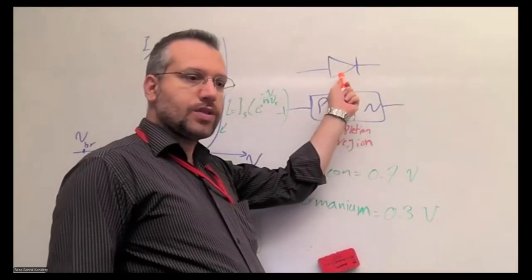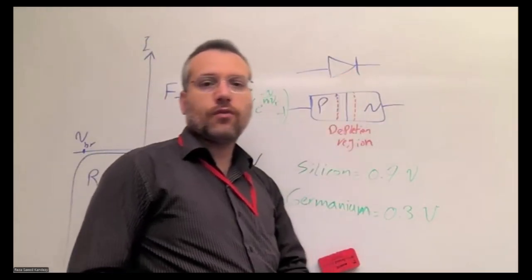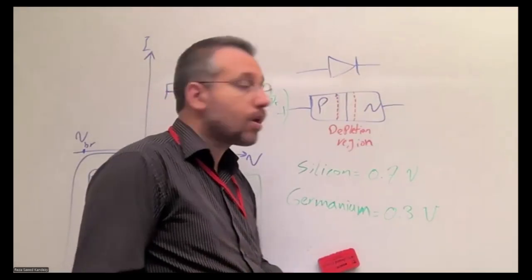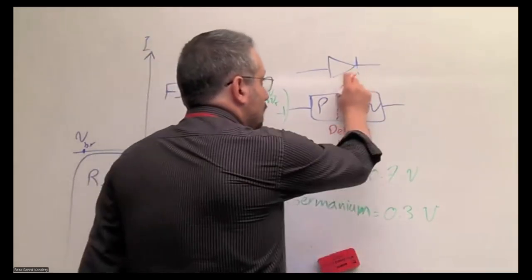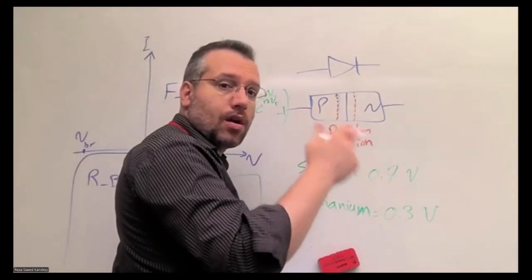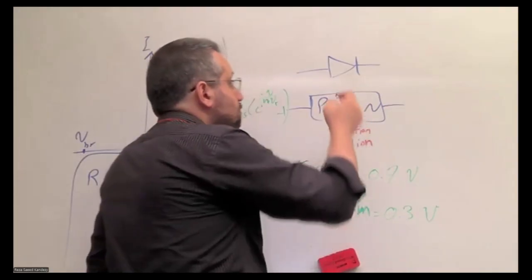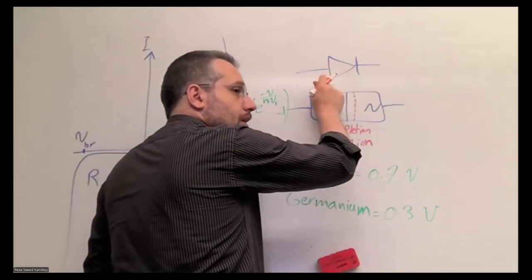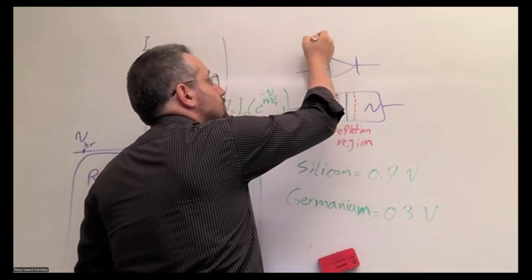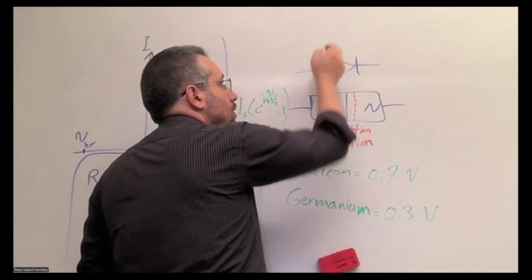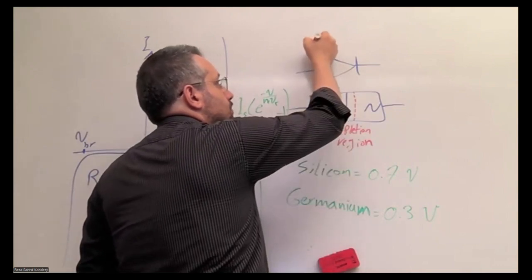This symbol is the general symbol for the diode used in an electrical circuit schematic. Every diode has an anode and a cathode. We call the positive side, the P side, the positively doped semiconductor, the anode. So here is the anode.